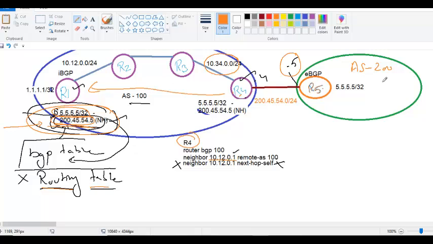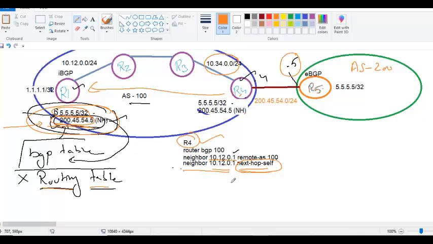Now, how do you solve this problem? Very simple. You need to say next hop self. Neighbor router 1 next hop self means router 4 is saying, I'll put my own address as the next hop because you are giving me this instruction.